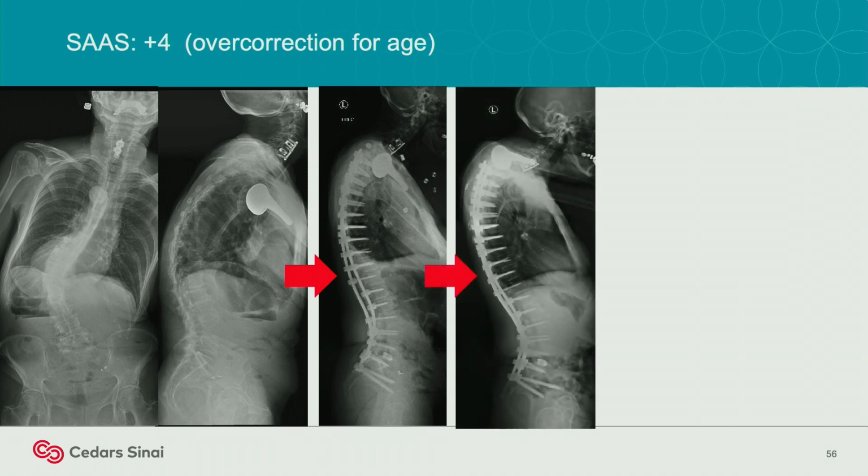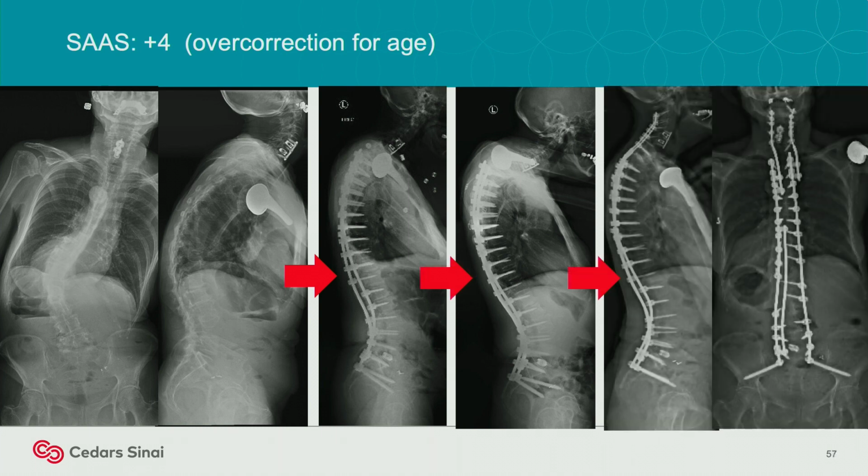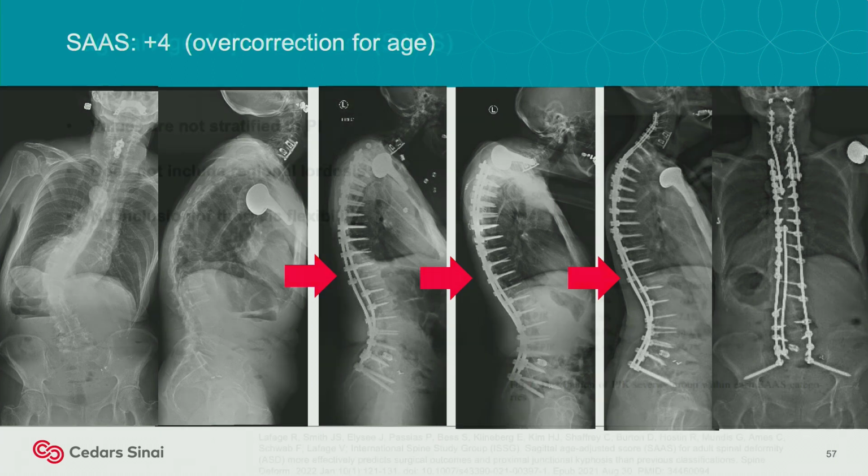And she was overcorrected, and she's using her compensatory mechanisms and immediately goes to proximal junction kyphosis within 2 months of her original surgery and has to be extended up to C2. And these are the things we want to avoid, especially in older patients where overcorrection can be so fraught.